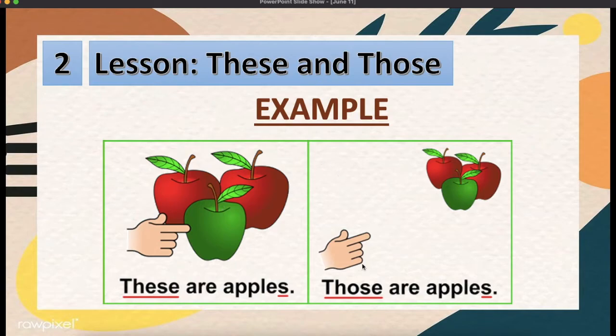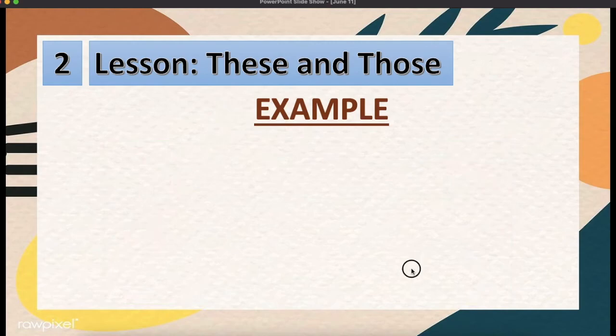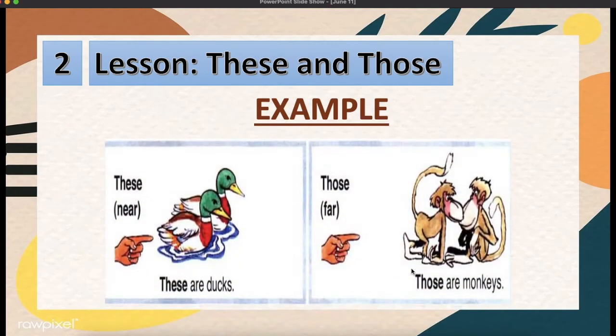Now for those, we use those because we have 3 apples. Same thing, but it is far. That is why we are going to use those. These are apples. Those are apples. Another example. We have here ducks.